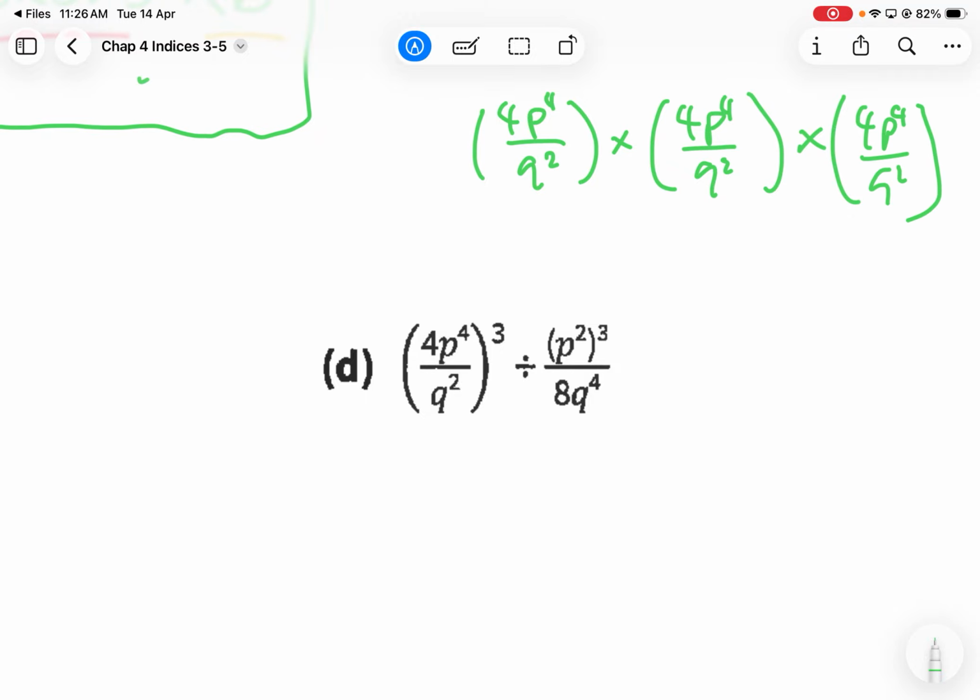This part. So when I'm actually doing, I don't need to go through all this. I must know that my power 3 will be given to the 4. 4 times 4 times 4, 3 times. My power 3 will be given to P to the power of 4. It appeared 3 times. My power 3 will be given to Q square. It appeared 3 times. Okay?